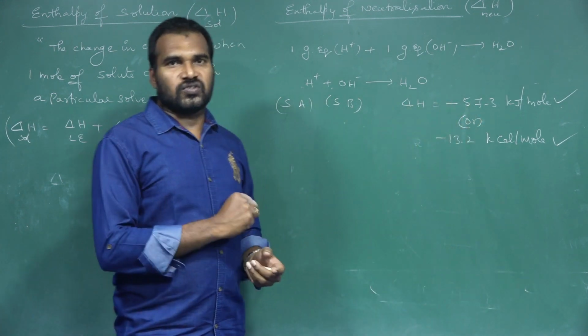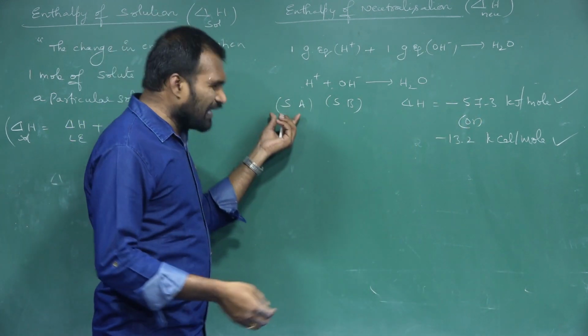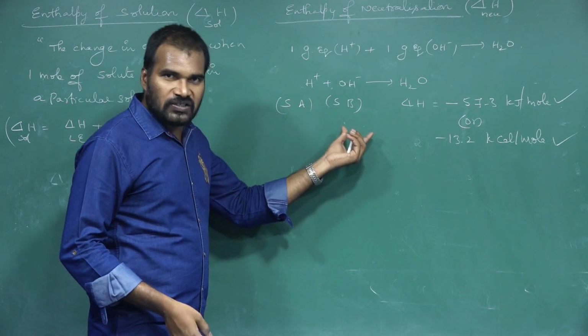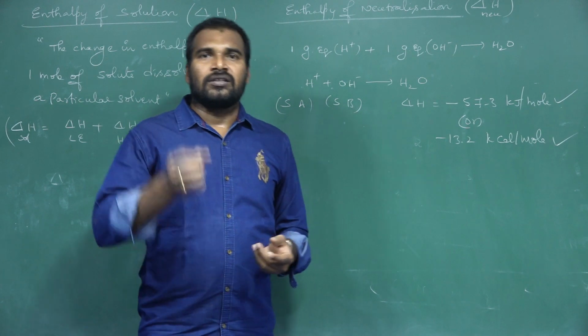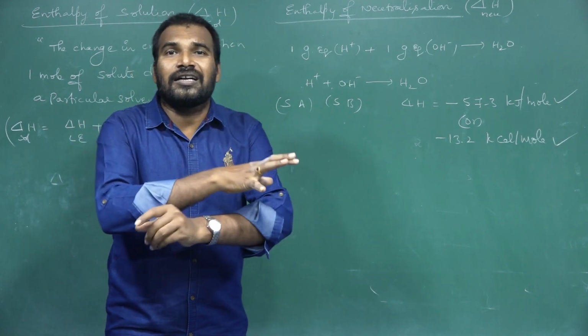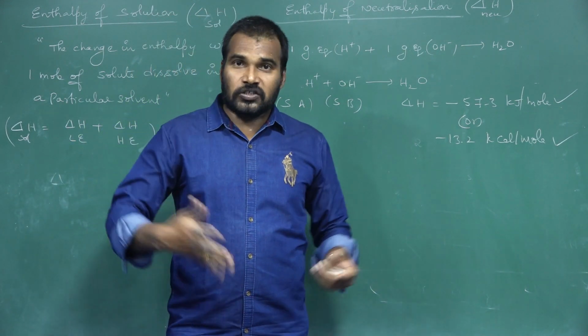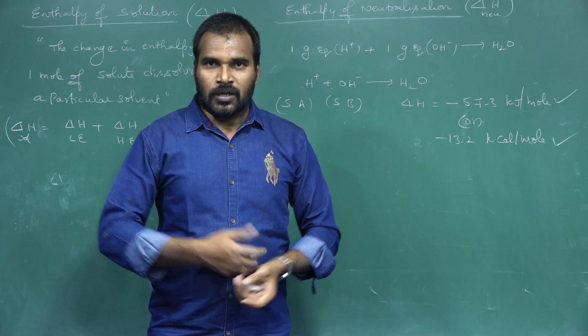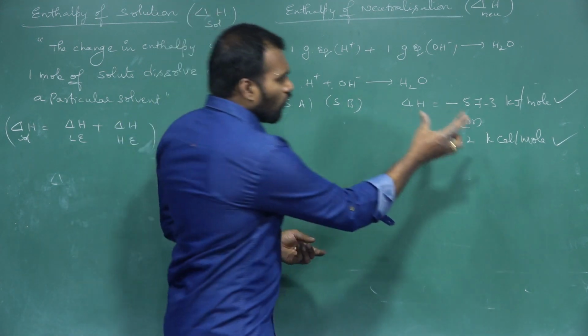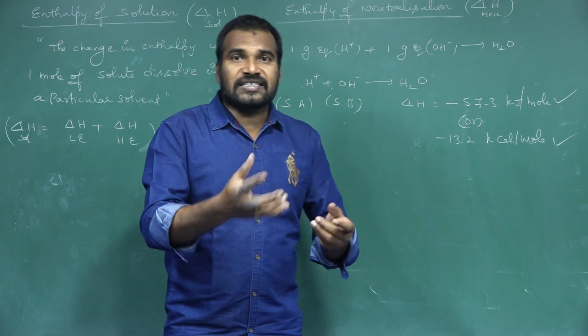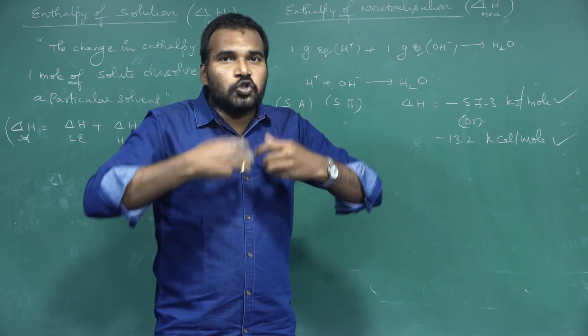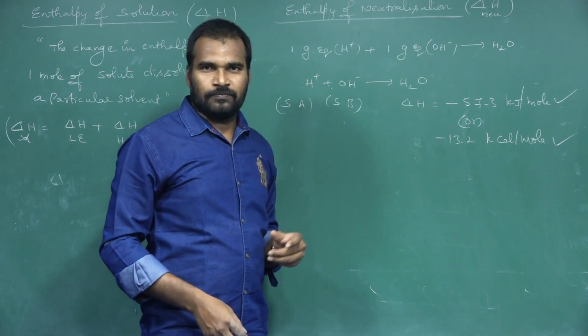Suppose you take either a weak acid or a weak base. In case of a weak acid or weak base, they will not completely dissociate. There is no 100% dissociation. So whatever energy is released, some part of that energy is consumed to dissociate.